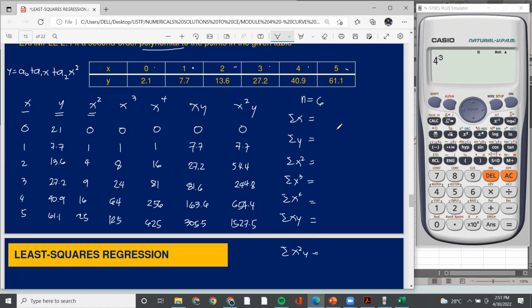First, summation of x, pila? 15. Then summation of y is 152.6. Summation of x squared is 55. Summation of x cubed, 222.